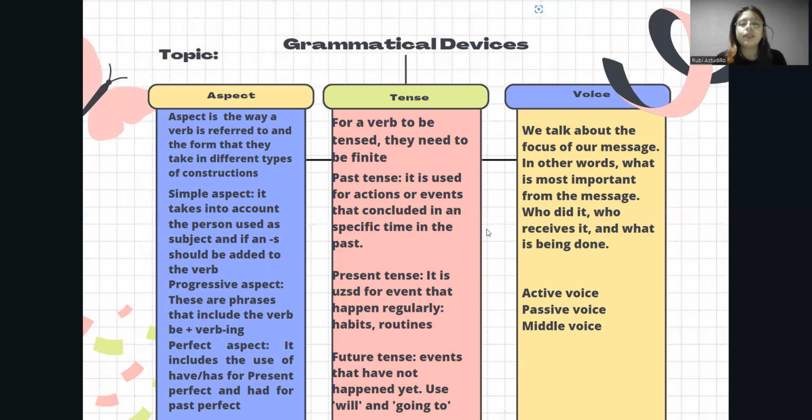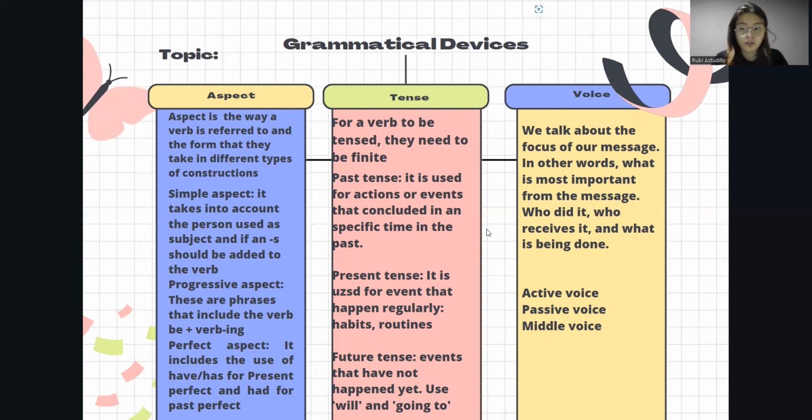Then we have future tense, which is for events that have not happened yet. So something that can happen from today to any day in the future. To talk about the future tense, we use will and going to. Going to is for plans that are going to be done in the future.